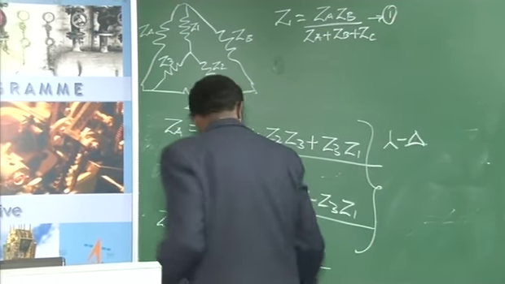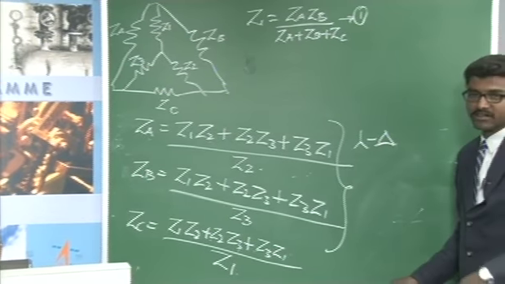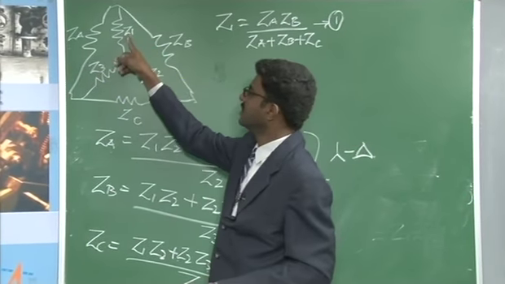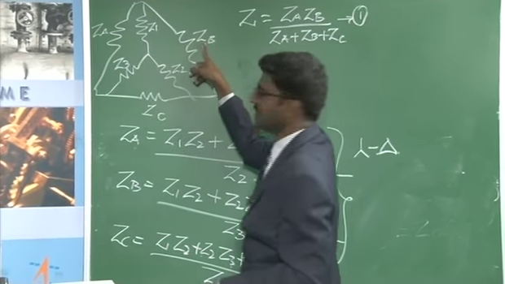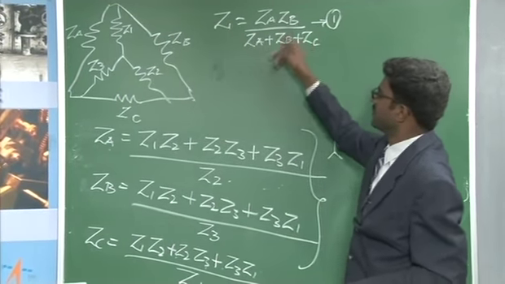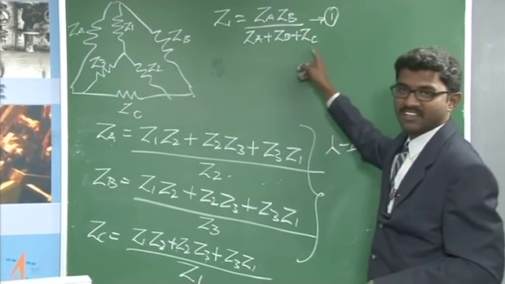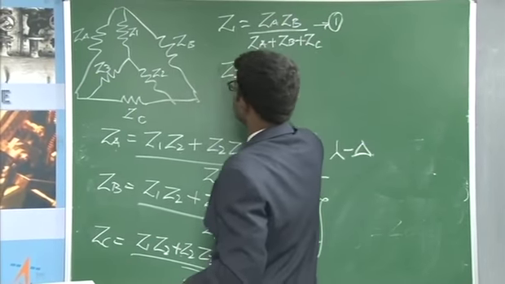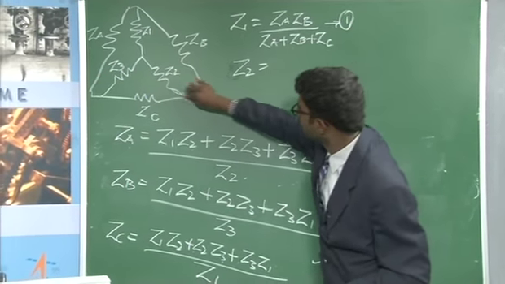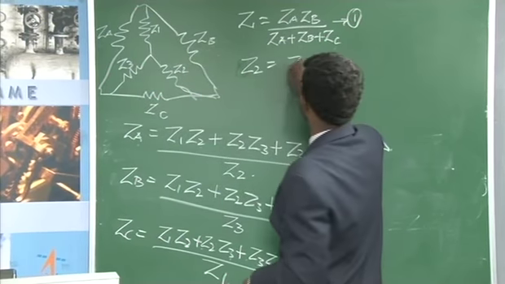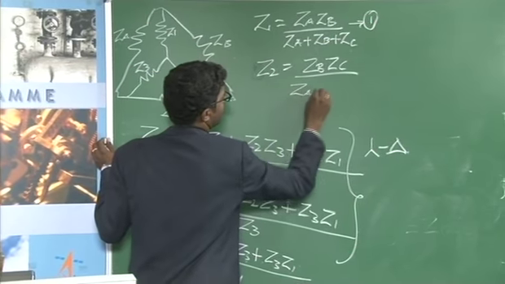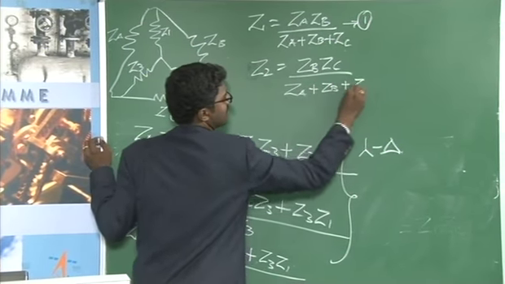In yesterday's class we already learnt how to convert a delta into star. Z1 is given by the two terminals connected to Z1, that is ZA into ZB divided by the summation of all the impedances: Z1 is equal to ZA into ZB divided by ZA plus ZB plus ZC. Similarly, for Z2 the two impedances connected are ZB and ZC, so it will be ZB into ZC divided by ZA plus ZB plus ZC.